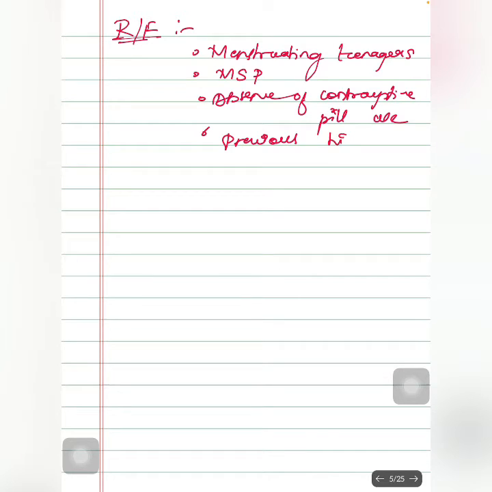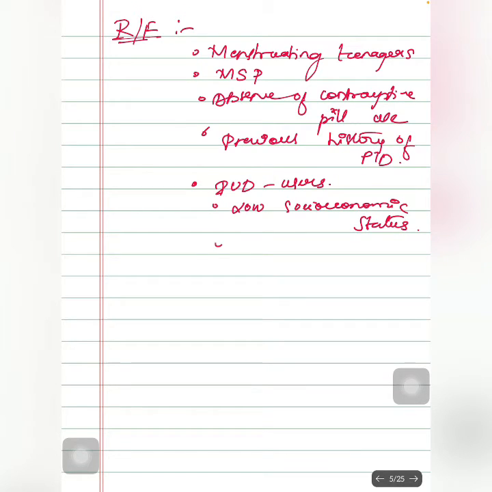Intrauterine device users. If any person has a history of acute PID, then there is a chance of recurrence. And in intrauterine device users and those with low socioeconomic status, it is also very prone to happen.